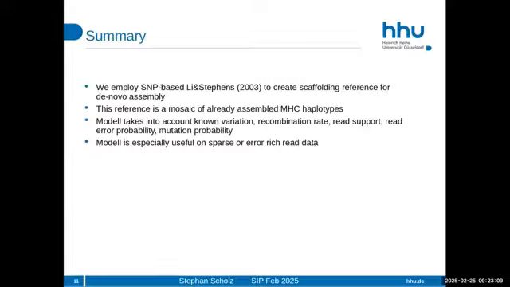And in our model, we take into account the known variations of the population, the recombination rate of the population, read support, so that if you have more reads in some regions, they will be weighted higher, the read error probability that is technology dependent, and the mutation probability. And I would say this model is especially useful if you have sparse or error-rich data, because in that case, it is advantageous to take into account prior information from the population.